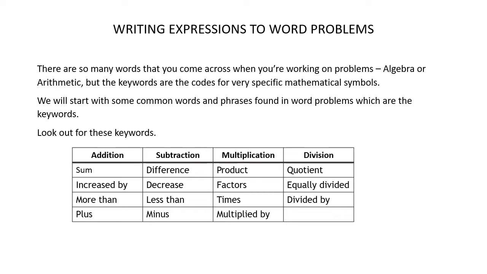If you find these keywords product or factors or times or multiplied by in the problems, then you have to do multiplication. If you find these keywords in the problems, quotient, equally divided or divided by, then you have to do division. So always look out for these keywords. They will guide you as to whether you have to do addition, subtraction, multiplication or division.